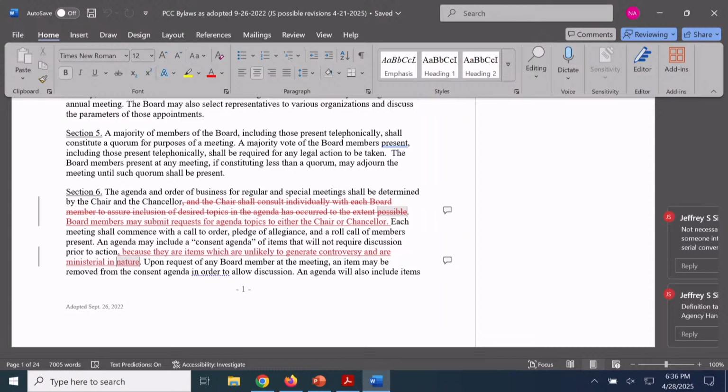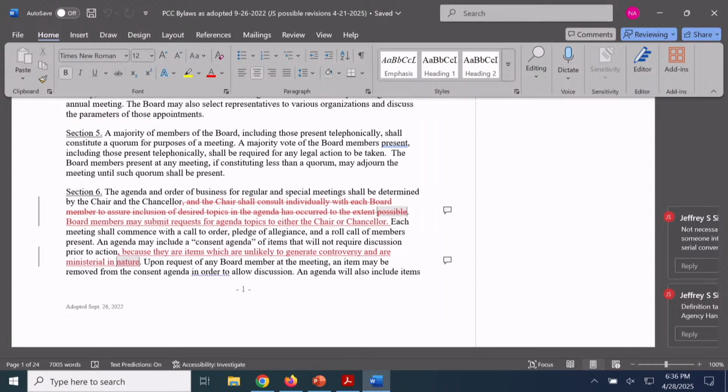The second part, I borrowed the definition of consent agenda straight from the Attorney General Manual. There are certainly reasons why there might be better language to use, and maybe we can come up with different terminology. The concept of a consent agenda is that it's items that are just very routine business of the college. They don't need significant discussion, right?